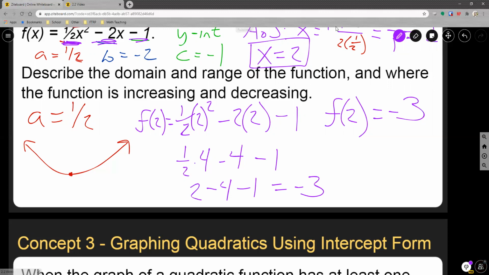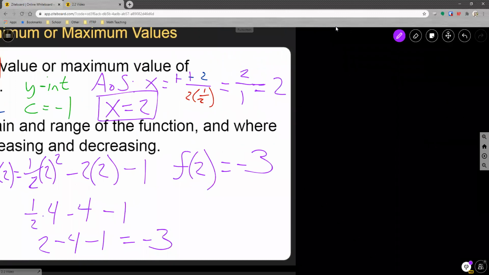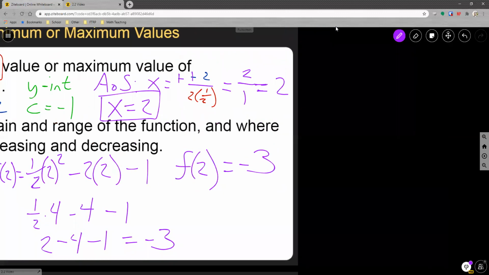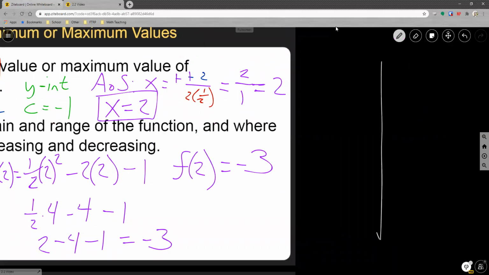So my function value at 2 gives me a -3. That means if I were to sketch this, my axis of symmetry is over here at +2: 1, 2.